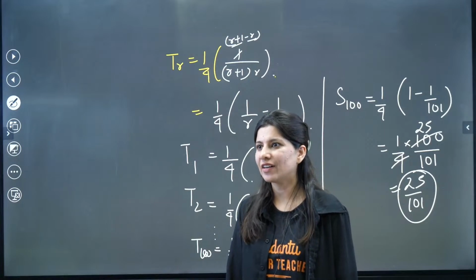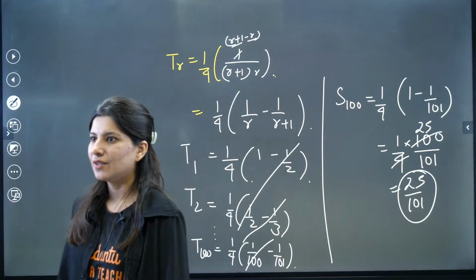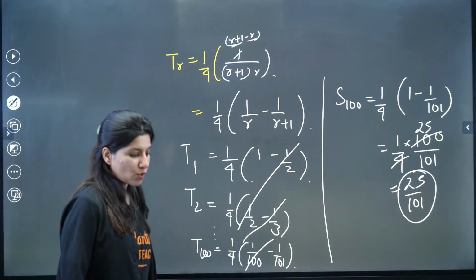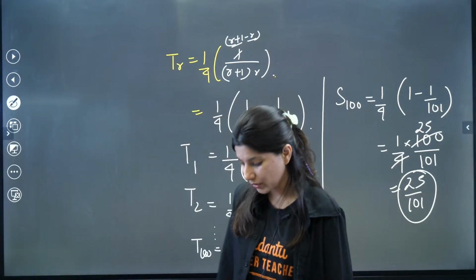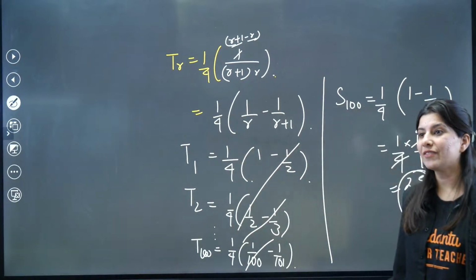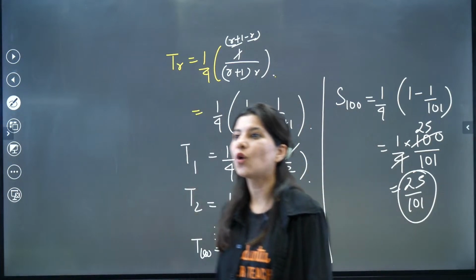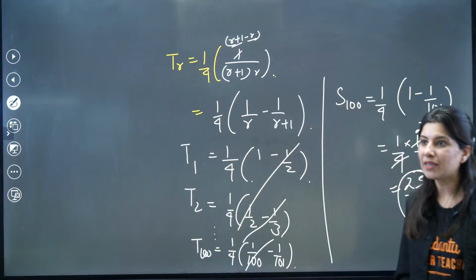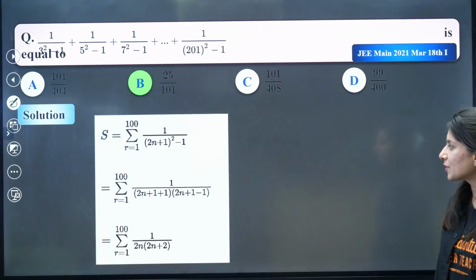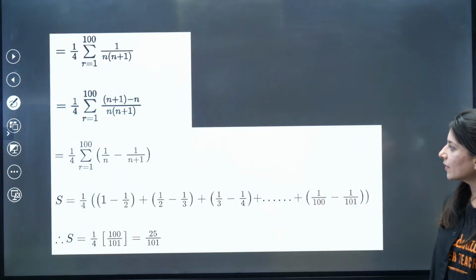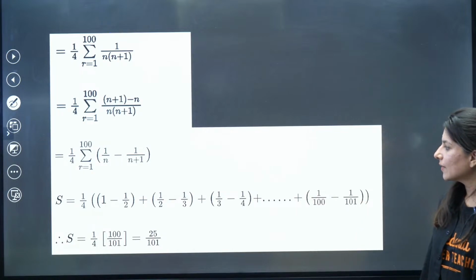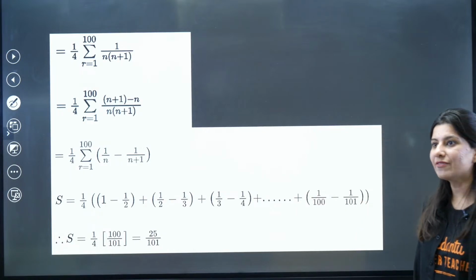Okay, yes, it is alpha. Definitely it is alpha, because we have done this so many times, that's why it is alpha. If you're doing it for the very first time, you might feel this is not an alpha question. But this is a quite common question. Multiple times, in multiple mock tests, we give this type of question. So that's how you do it. You understand it? Okay, so 25 by 101 is the final answer.